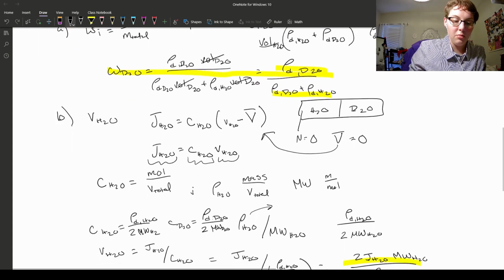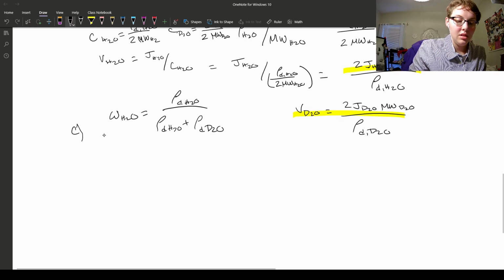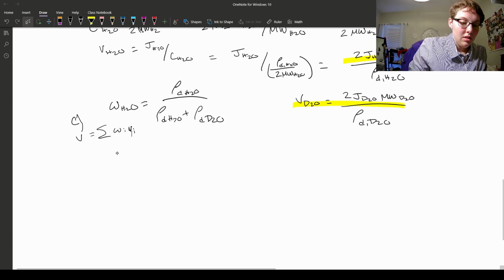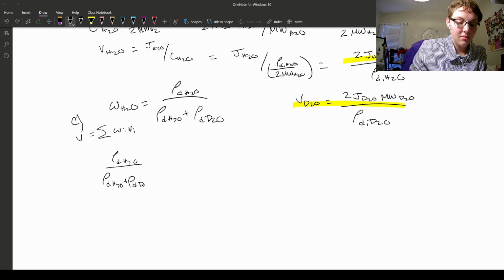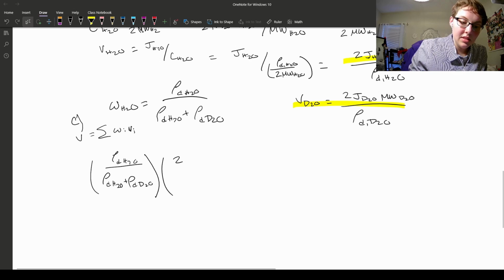And using that, we can go ahead and plug in our summation equations in order to get the total mass velocity. That's just going to give us the density of H2O over the sum of the densities times the mass velocity of each component.